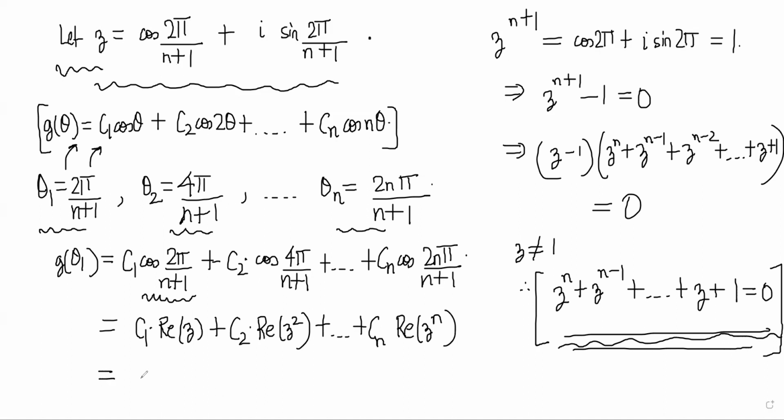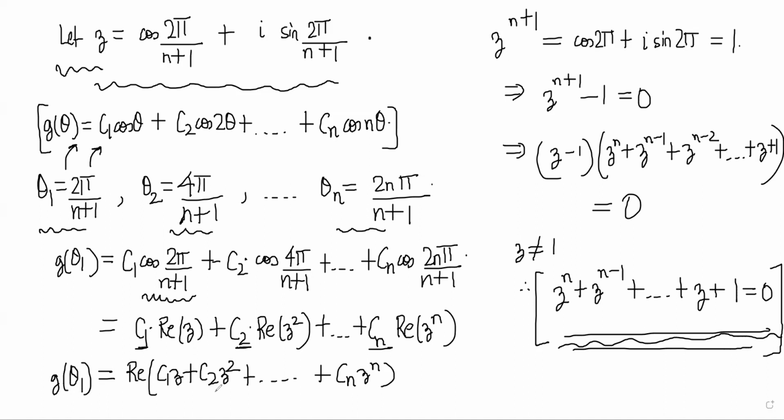So now if you write this like this, the C1 and C2 and all are all real numbers. So we can say it is real part of C1 z plus C2 z square plus Cn z power n, right? So that is what we have. We have g of theta 1 is equal to real part of this.